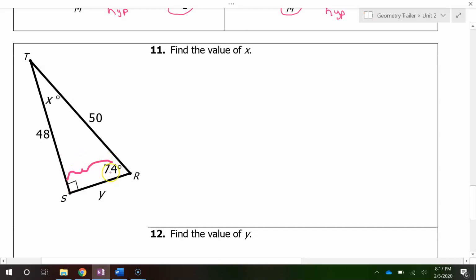So this is 90 and 74. So that's going to be 164. So we just need to now subtract from 180. So 180 minus 164, that's going to be 16.